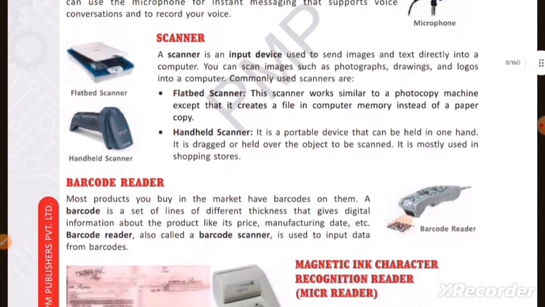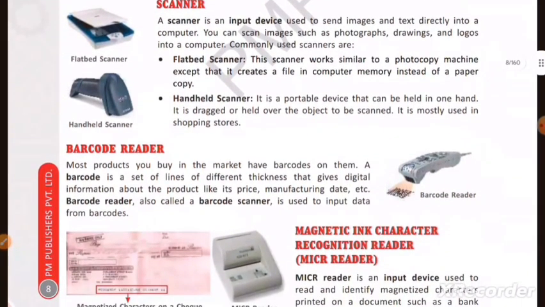Next is barcode reader. Most products you buy in the market have barcodes on them. Means most of the packed products you buy from the market have this type of code on them. This code is called barcode.